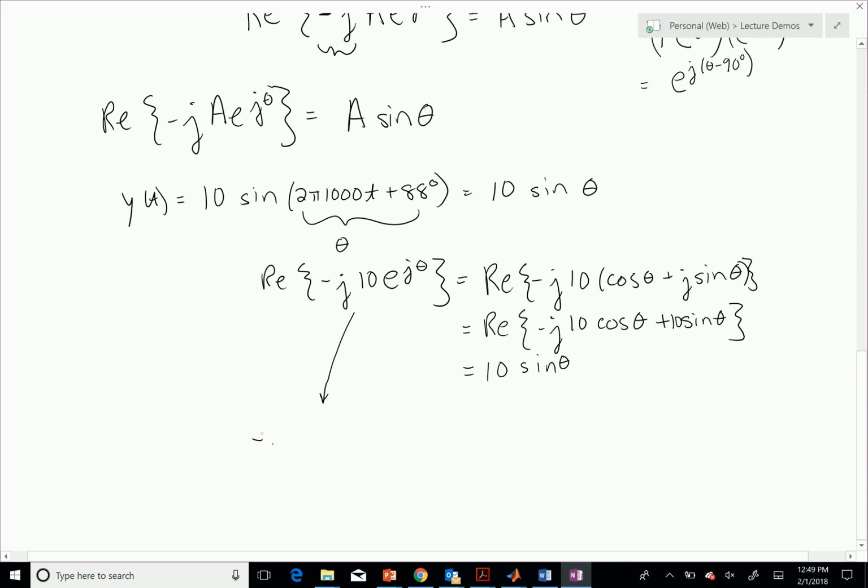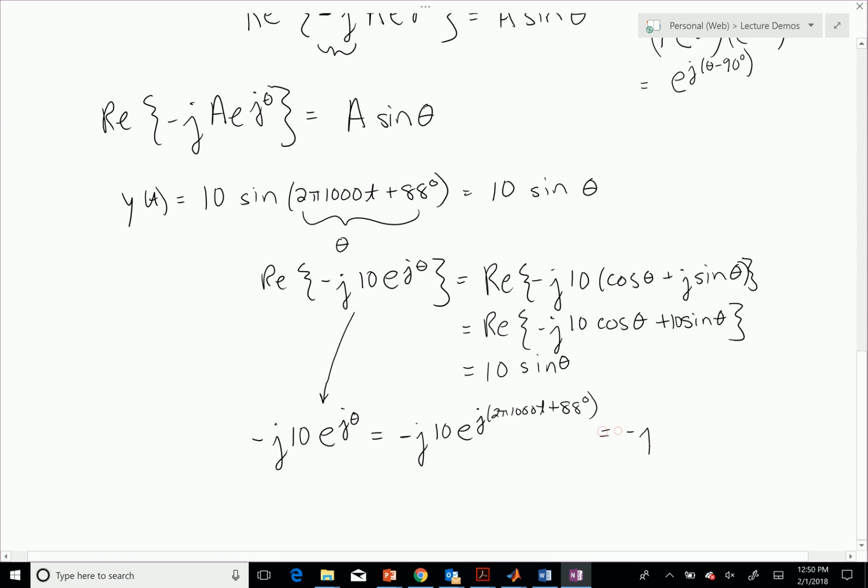The question is, what does this thing tell me? So I need to look at this minus j 10 e to the j theta real quick, right? Remembering that theta is 2 pi 1000 t plus 88 degrees.